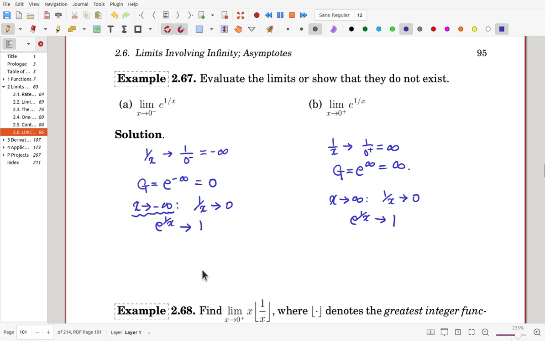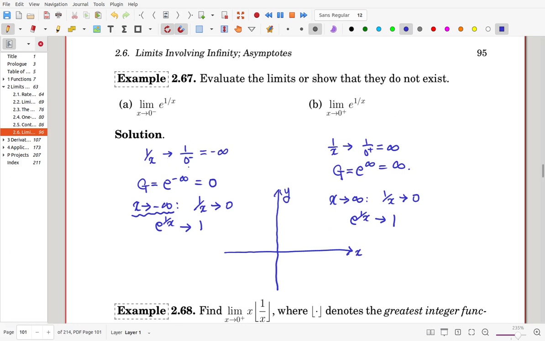Okay, let's try to make a graph sketch of that function. In xy coordinates, there is the x-axis and the y-axis.